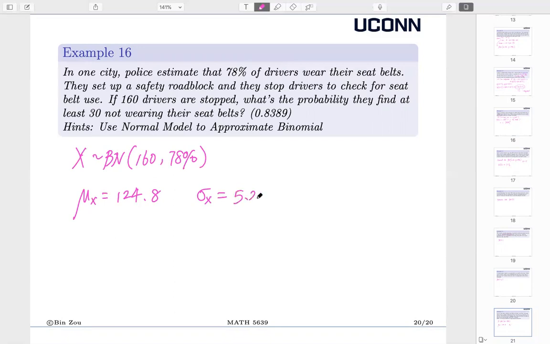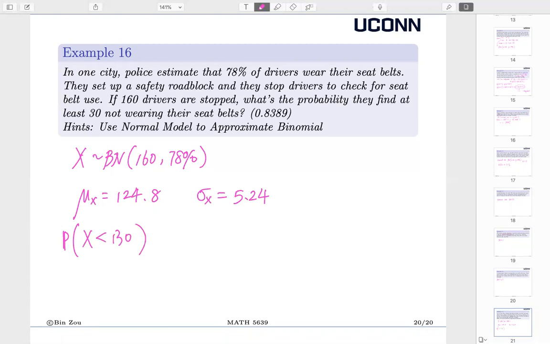It's about 5.24, okay? Assuming you know that for the moment. The question asks, what is the probability that they found at least 30 not wearing the seatbelt? So we want to know at least 30. At least 30, which means this is less than, right?